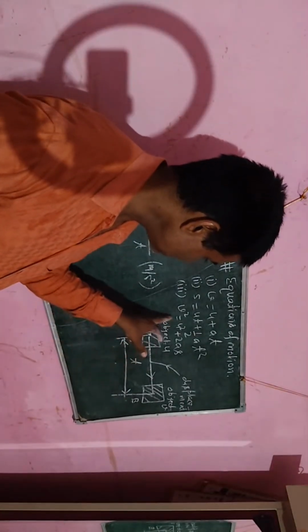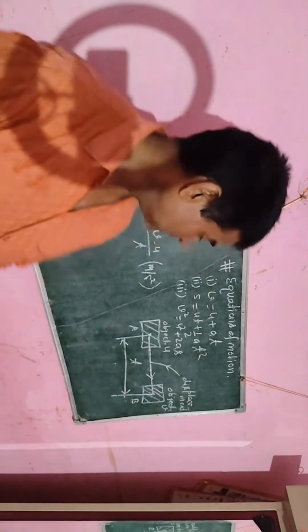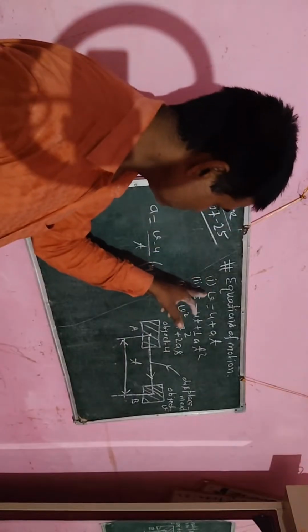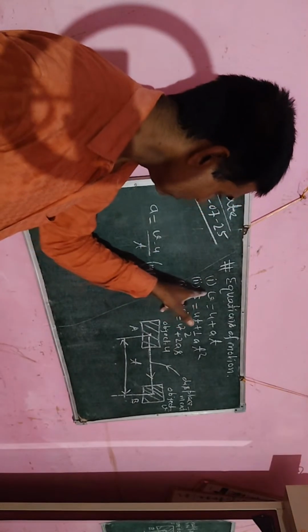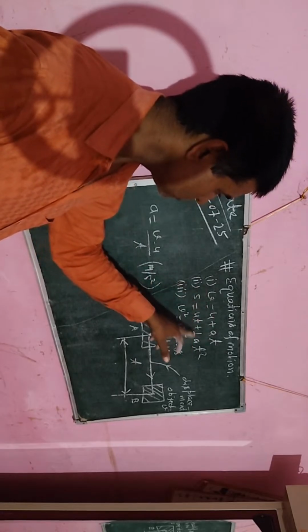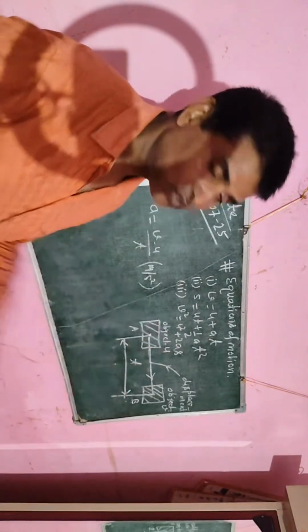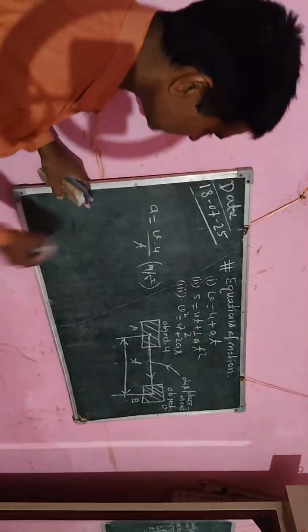But this object has initial velocity u and final velocity v. Now we have to prove the equations of motion. I know the equations of motion are three. One is v is equal to u plus at, another is s is equal to ut plus half at square, and third is v square is equal to u square plus 2as. One by one, every concept I will explain.